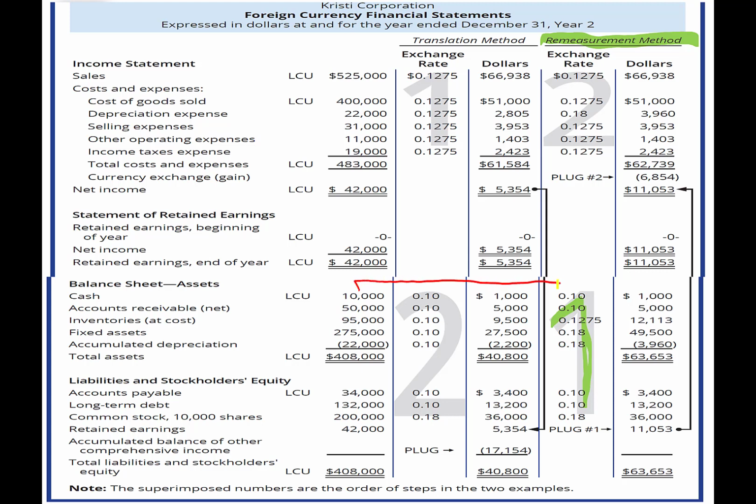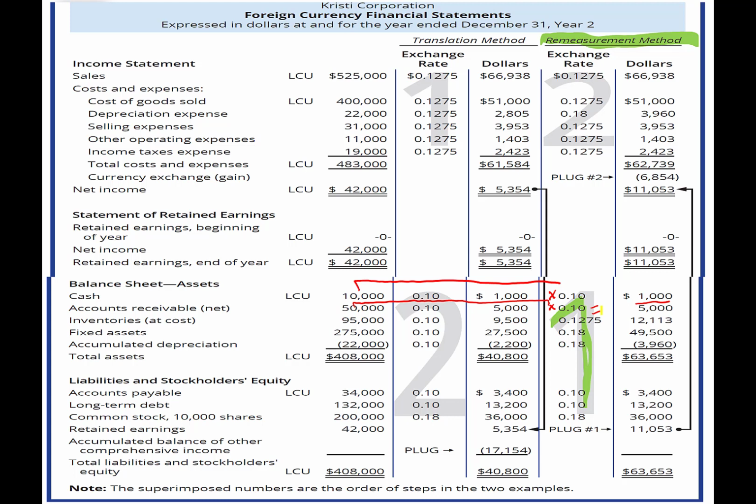Since cash is a classic example of a monetary item, we multiply that by the current exchange rate, the year-end rate. Poof, we turn whatever this foreign currency is into dollars. Accounts receivable is a monetary item, so we go ahead and convert that from the foreign currency to dollars.